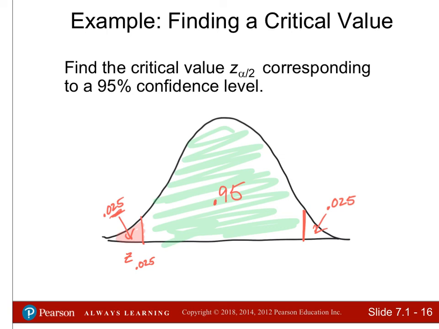It's taking me just a moment. For 0.025, the boundary is going to be negative 1.96, and this one will be positive 1.96. Those would be my z's. Actually, z of 0.025. We use the positive version.